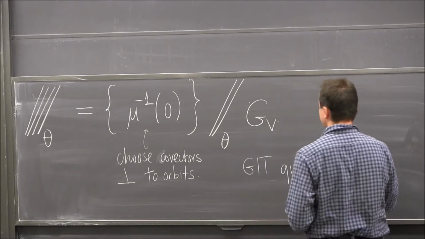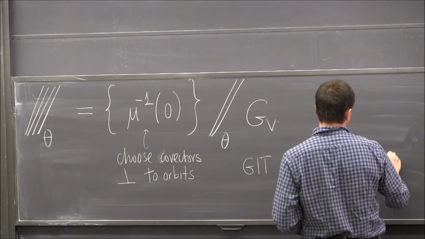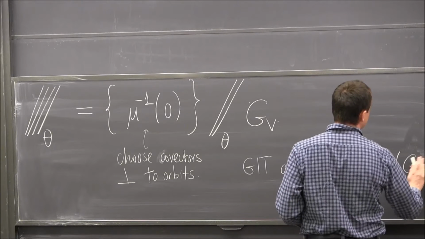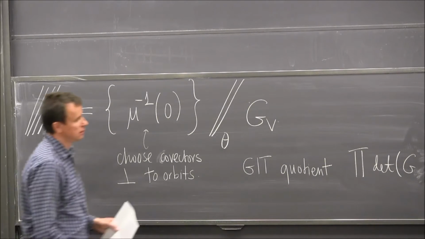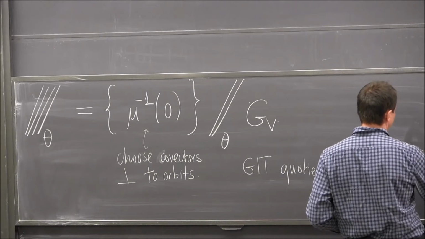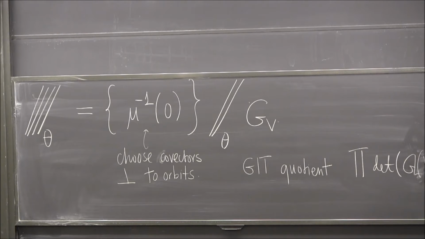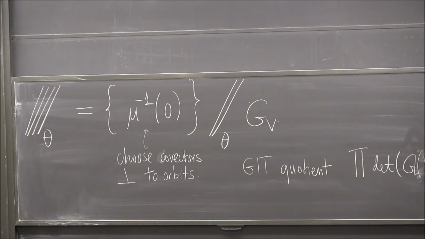This is the GIT quotient with respect to the character, which is just a product of the determinants of each component GL(V_i).